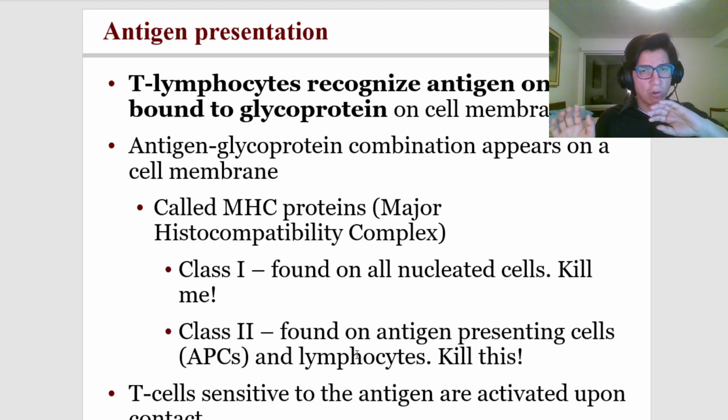Now, non-immune cells, all of the other cells in your body, whenever they get attacked, also present on their surface this particular foreign substance, and they say something's wrong with me, basically.